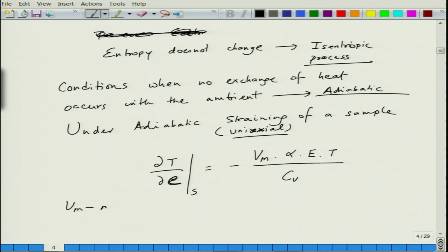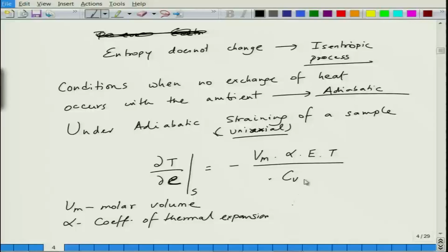Vm is basically the molar volume, alpha is the coefficient of thermal expansion, and E is the elastic modulus or Young's modulus.